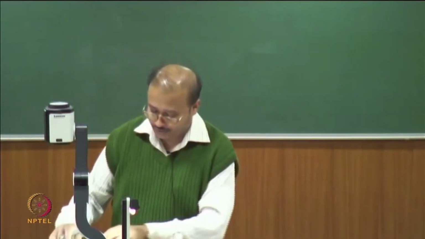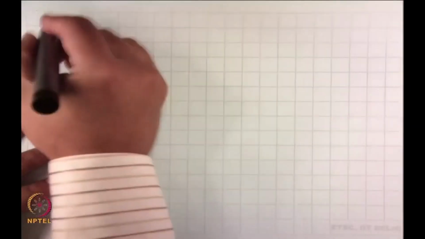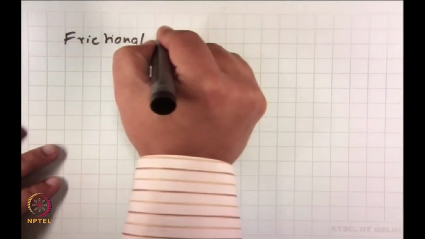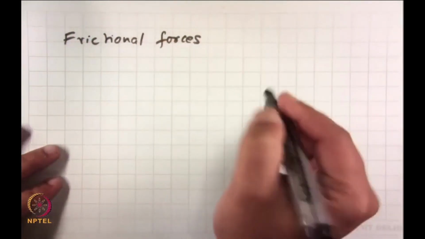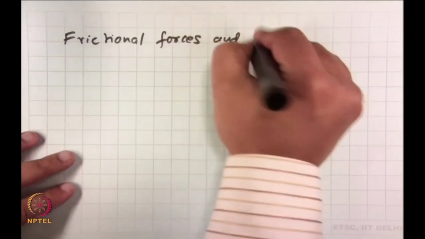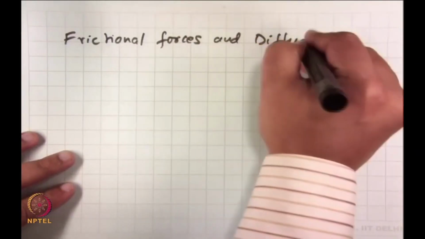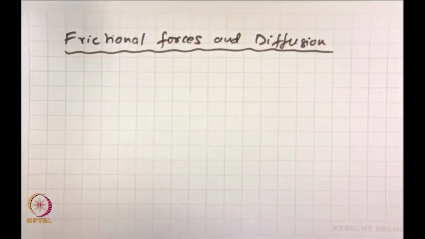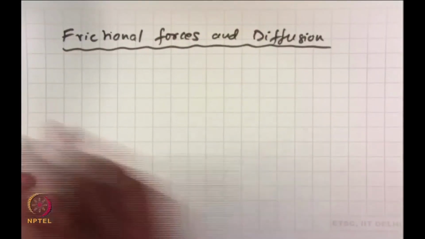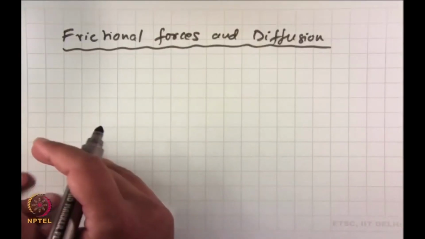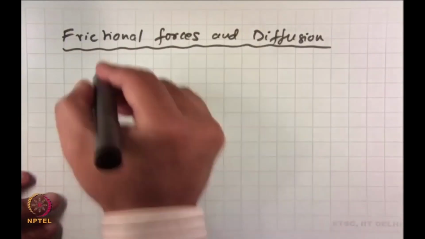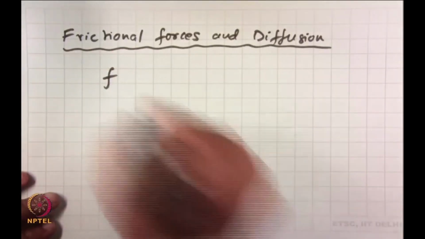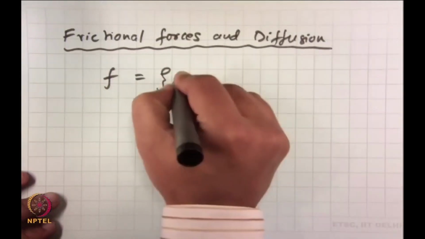So, how do we do it? That is where we would introduce frictional forces and diffusion. Okay. So, for a particle moving in a certain fluid, the force which is applied on it due to friction can be written as this.